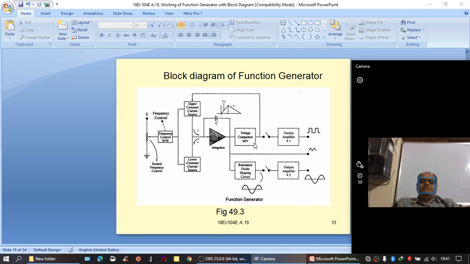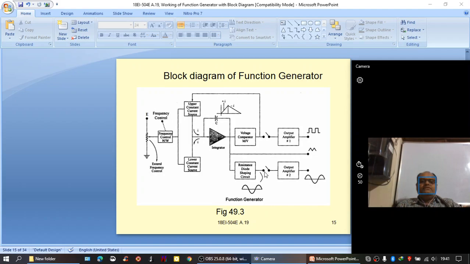The circuit is not shown here. We just have to assume that it compares two voltages, and based on that it produces a positive voltage or negative voltage at the output. Then a resistance diode shaping circuit is used here to convert the triangular wave into a sinusoidal wave.